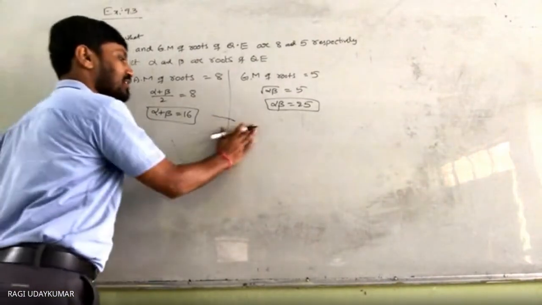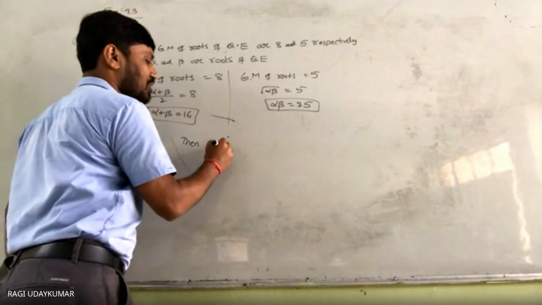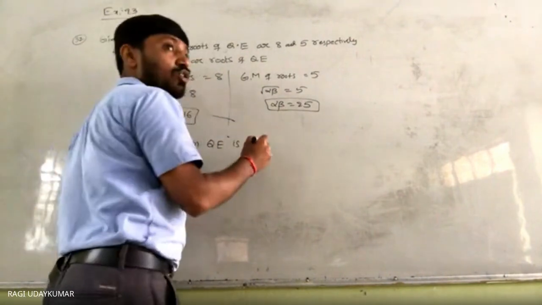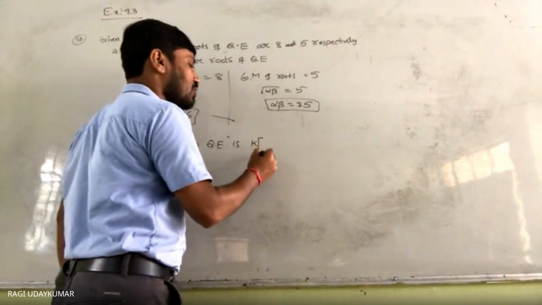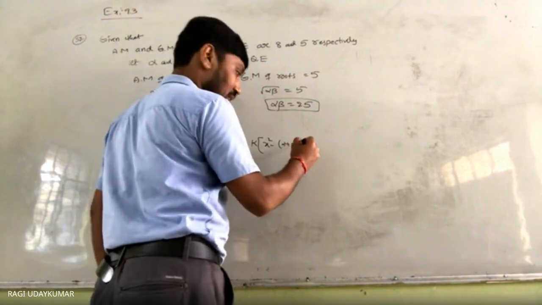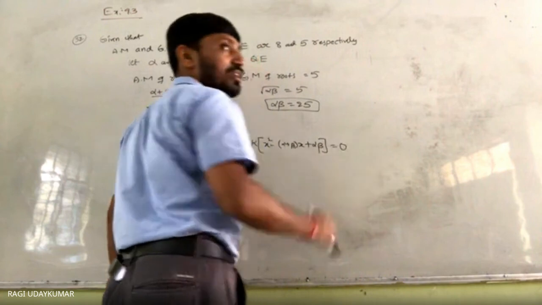Then the quadratic equation is some constant k into x square minus alpha plus beta into x plus alpha beta is equal to 0.